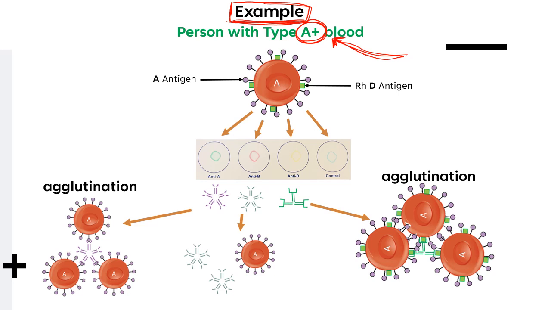So you know that the red blood cell of this person will have antigens A plus antigens D. When we put blood in each circle, we are going to expose these red blood cells to the antibodies that are sitting in those circles.